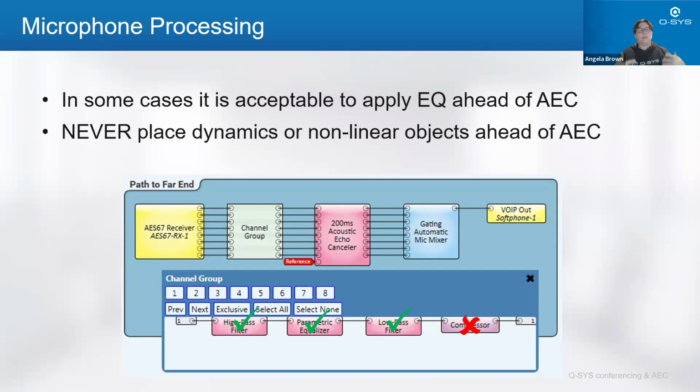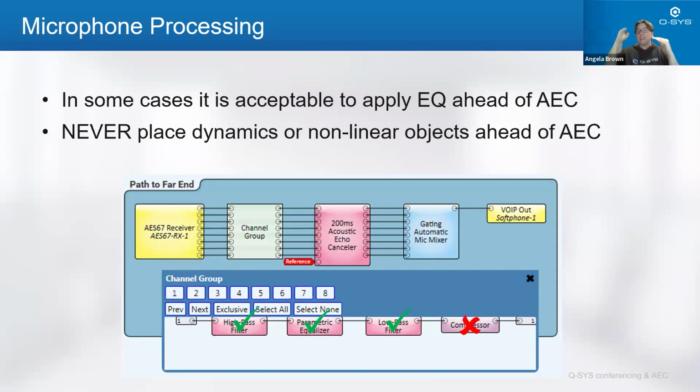Just be really aware of your nonlinear processing, the AGCs of the world, the compressors of the world. Think about those things and be deliberate about where you put them in your file and in your signal pathway. I always look at this slide too, and I just want to make the common sense comment that compressing a bunch of audio signals before you send them into a gating auto mixer is also something you should think about, whether or not you really want to do that.